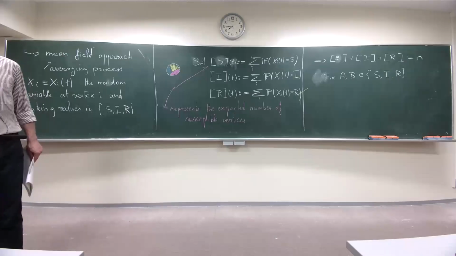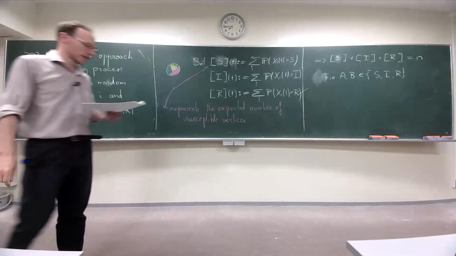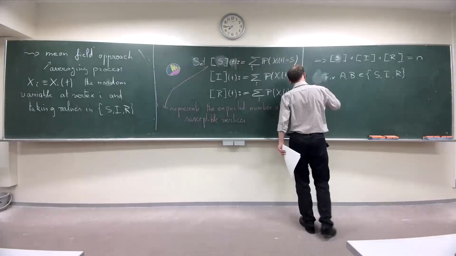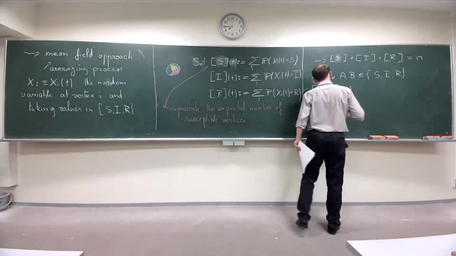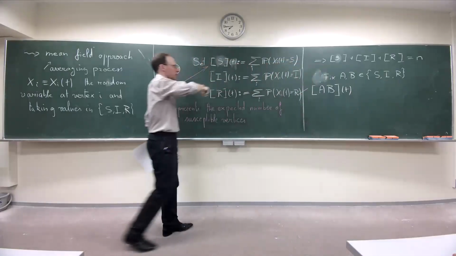So I'm going to use AB for A is either S, I, or R, or B is either S, I, or R. Can you guess the definition for AB? With the same ID, because I will need it.